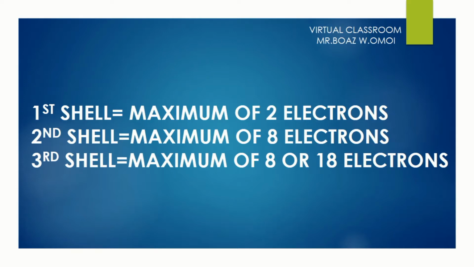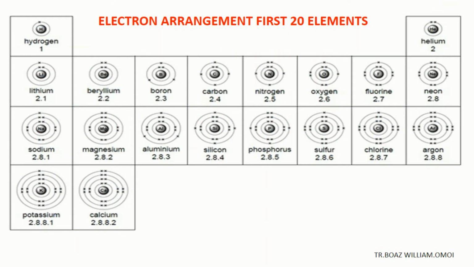But sometimes, if it is an element above atomic number 20, the third energy level carries a maximum of 18 electrons. So that's what I want you to know. Now lithium is atomic number 3, therefore the electron arrangement is 2-1.